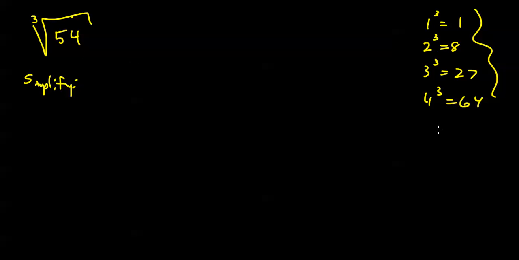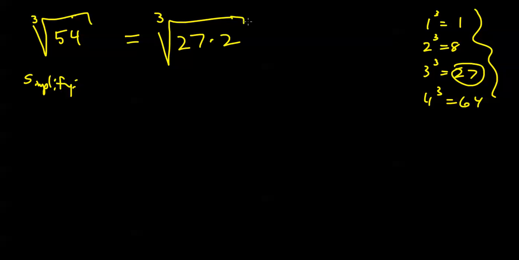So 54 is not a perfect third power, but 27 is a factor of 54. So I can break this up as the cube root of 27 times 2. 54 is 27 times 2, is it not?